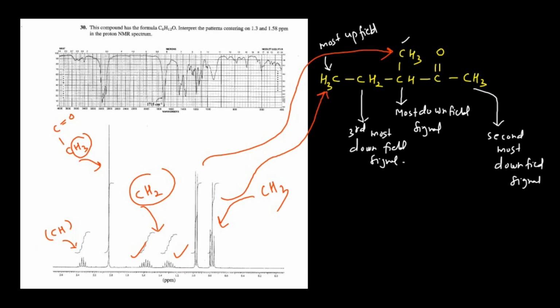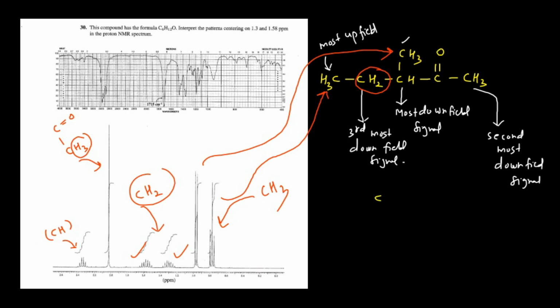Now we need to understand the splitting pattern of this CH2 group. This is very important, and this will give you the idea of how we can interpret the NMR spectrum in a different way. Okay, so you can see here what I can do. I can write like this.